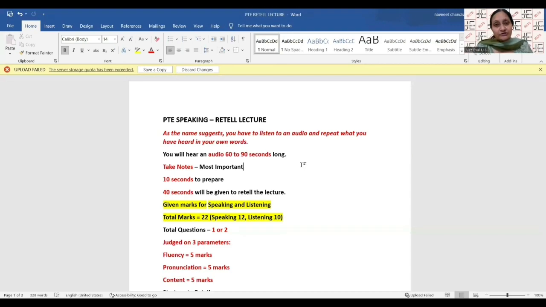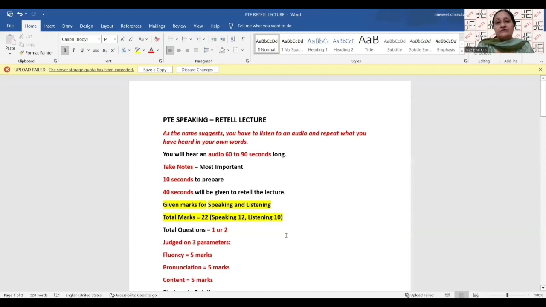You need to take those down. 3 to 4 such main points will do. And then lastly, there should be a concluding sentence. Once the audio is over, you'll get 10 seconds to prepare and another 40 seconds to give your answer.